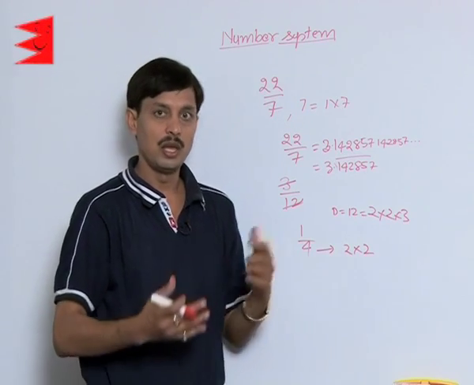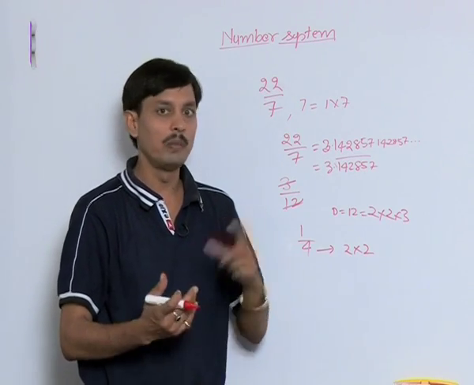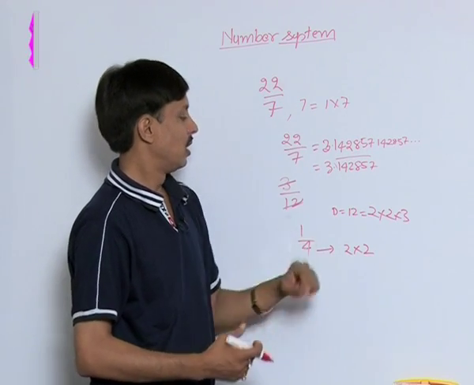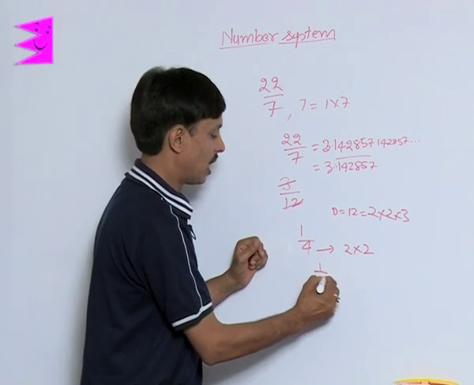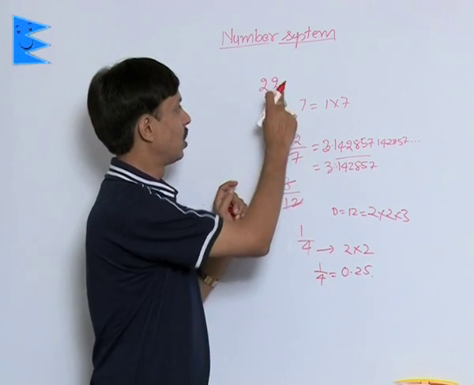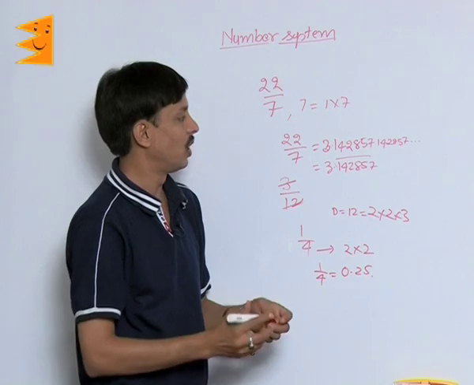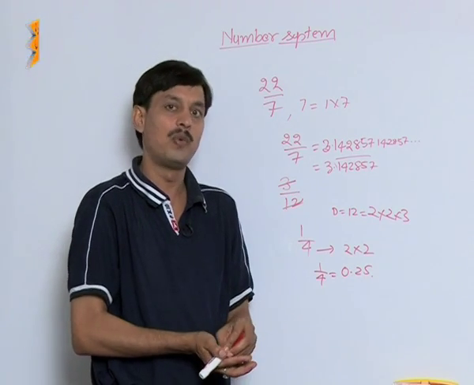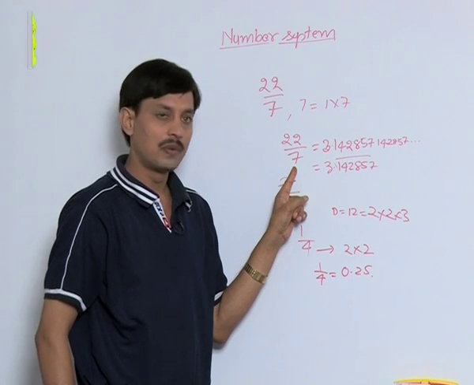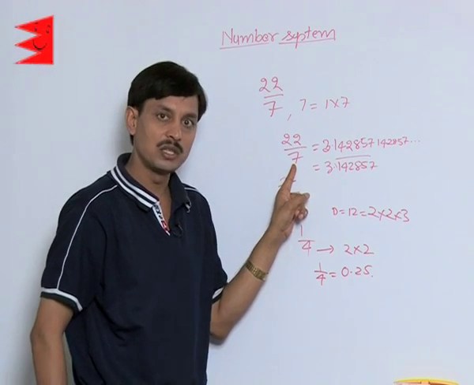If it is so, it is terminating. Answer of 1 upon 4 is 0.25, terminated. And answer of 22 by 7 is 3.142857, 142857, 142857. That is, repetition has started after 6 places because the denominator is 7.